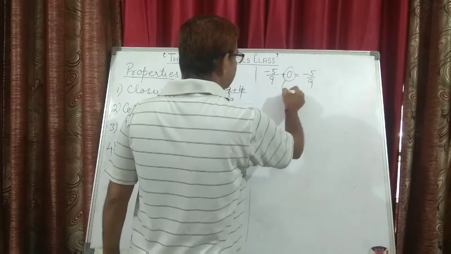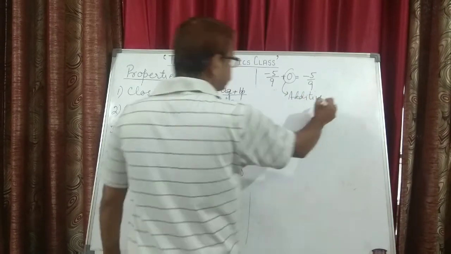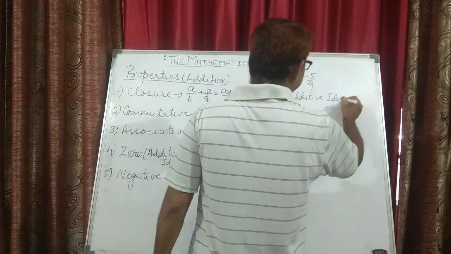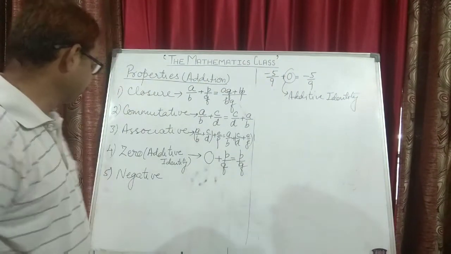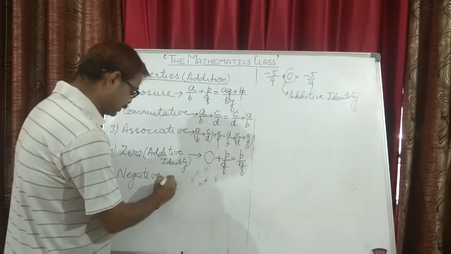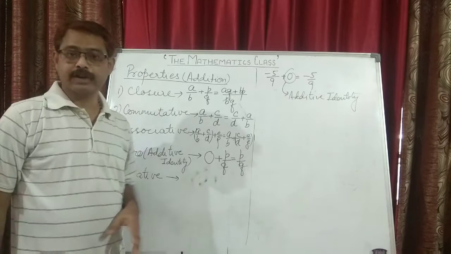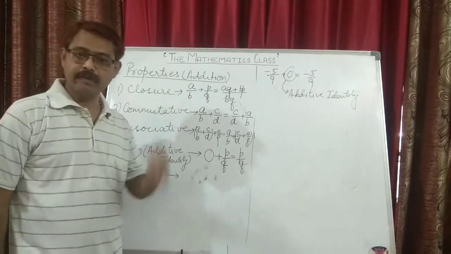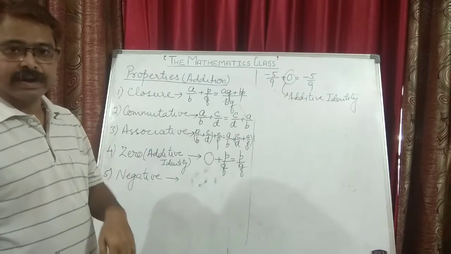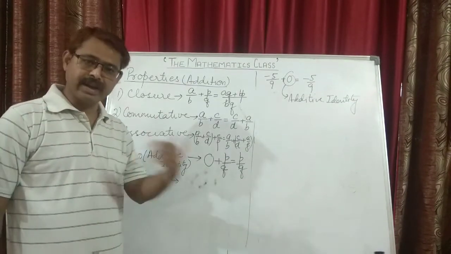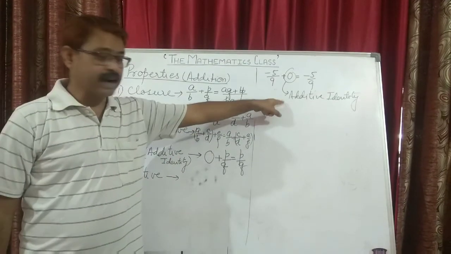So what is this 0? This is additive identity. This is additive identity for rational numbers. Next is negative. Negative means in the set of rational numbers, there always exists a rational number such that if it is added to the given number, it gives back the additive identity.